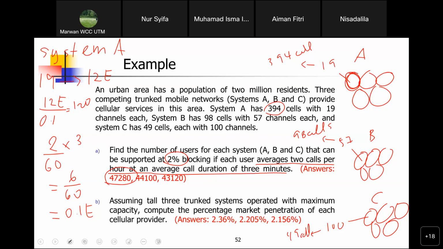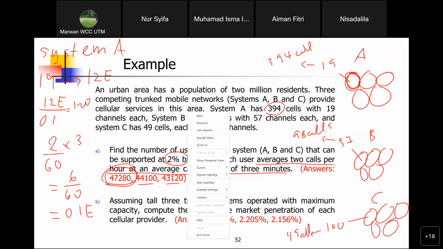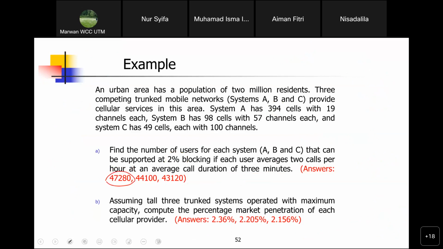So it turns out it gives you 47280 users. So this is system A. Please do system B and system C. So that means that with only 19 channels, you can serve in the end around 47,000 users. Question B: you get 12 Erlang divided by 0.1, which gives 120 users per cell.